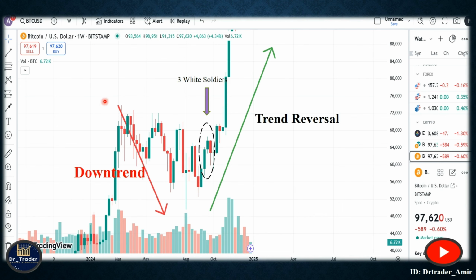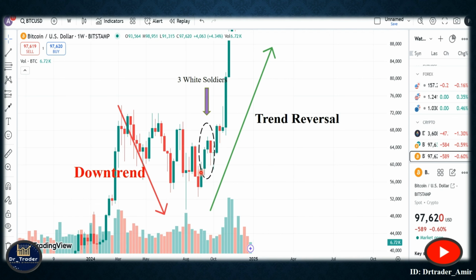For example, in this chart, we can see that at first there was a downtrend and the price decreased from approximately $72,000 to less than $52,000. And suddenly the market sees these three white soldiers.